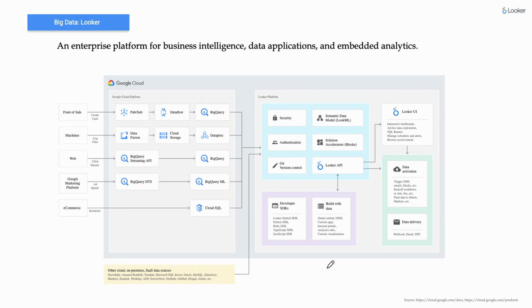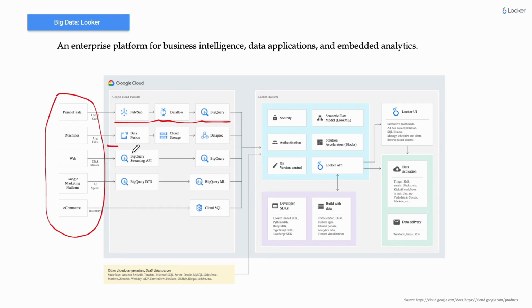Now, where does Looker fit in? On the left side, there are different ways we are getting data. There are different ways we transform data. So streaming data, Pub/Sub, Dataflow, it goes to BigQuery.